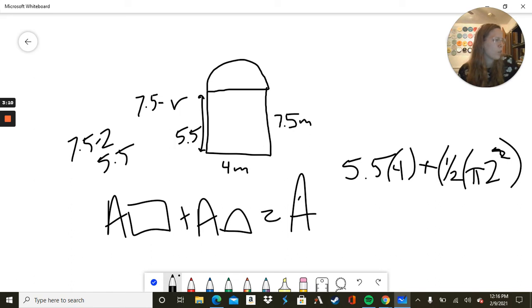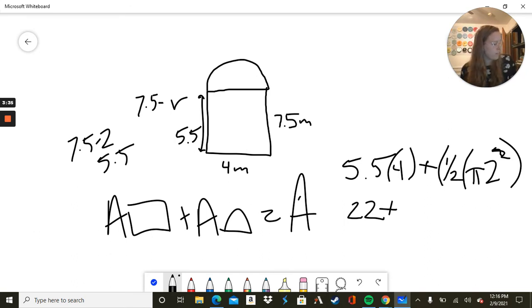To do that, 5.5 times 4, I'm going to pull out my handy calculator here. 5.5 times 4 is 22, plus 2 squared is 4. 4 times pi is 12.56.